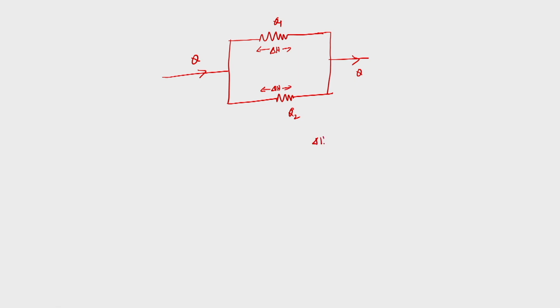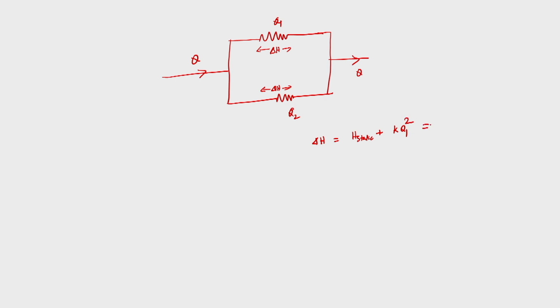Delta H experienced by the existing pump house, because now we have two different systems, one is the existing system. The total dynamic head will be equal to H static plus K into Q1 square.